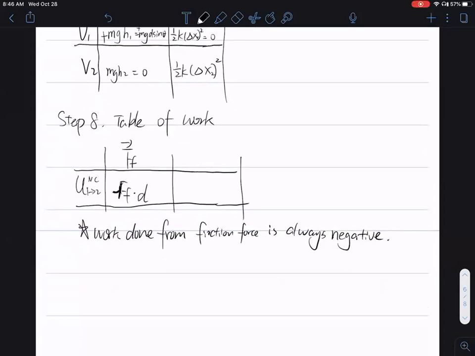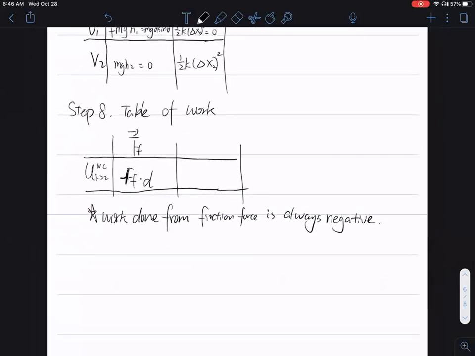So that's it for step 8. Okay, step 9 is to assemble the work energy equation. That is T2 plus V2 equals T1 plus V1 plus work done from non-conservative force from 1 to 2.